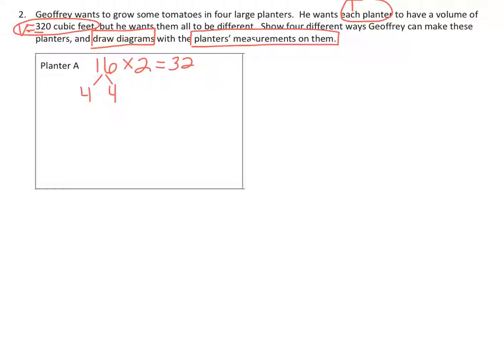So, all right, let me draw my model. So I'm going to say length, width, height. So 4 feet. Oh, but I need to get that 0. I just did 32.